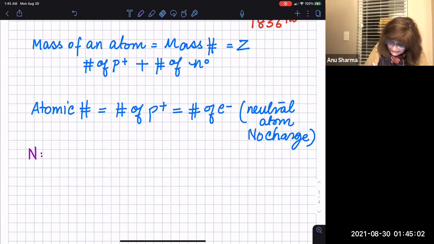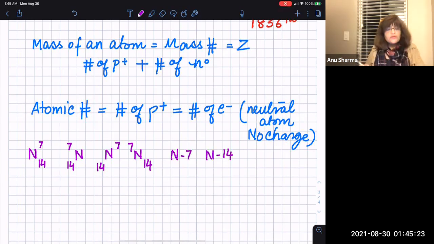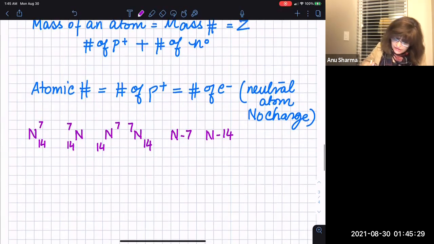Now, these numbers can be written like this, or like this. Either way, it doesn't matter. Sometimes you will also see it like that, and it depends on what we are focusing on, atomic number or mass number. But all these are correct. Okay, just a matter of typing. But let's look at this.